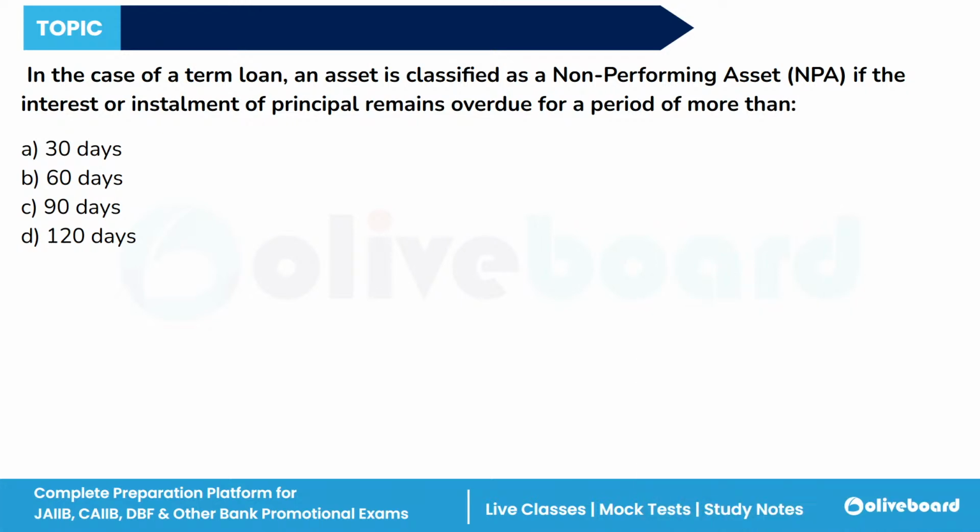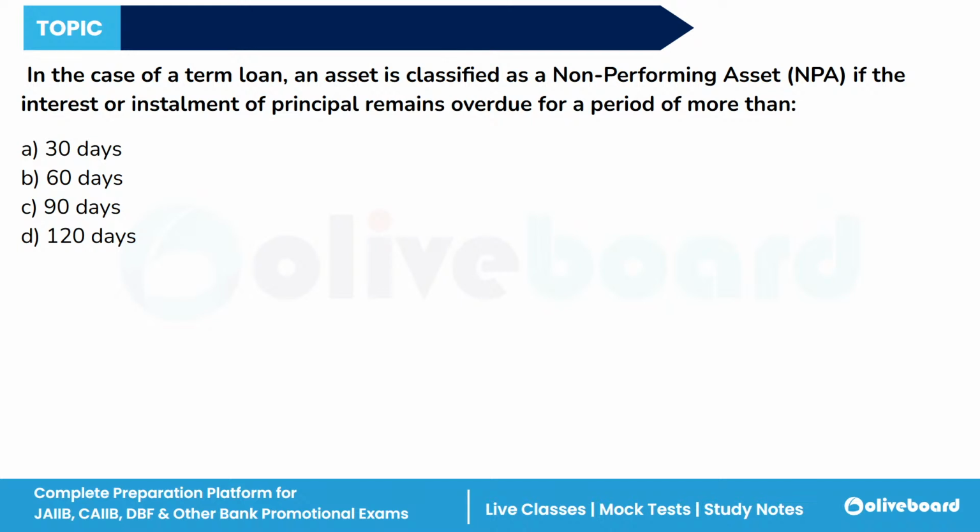Now, in case of a term loan, an asset is classified as a non-performing asset if the interest or installment of principal remains overdue for a period of more than how many days?